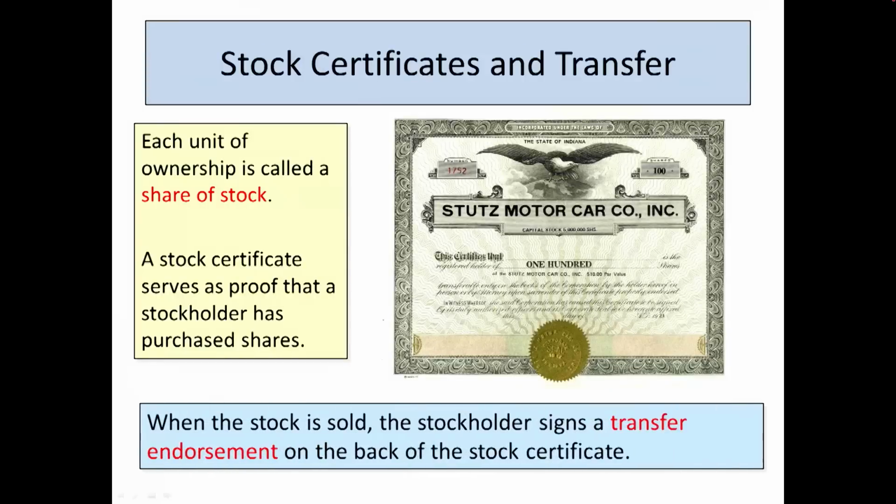Now look what it says on the slide here. When the stock is sold, the stockholder signs a transfer agreement on the back of the stock certificate. That's kind of similar to your car title, isn't it? Have you ever bought a used car and looked at the back of your little car title, and there are some transfers there, usually endorsed or validated by, what do they call those, a notary?